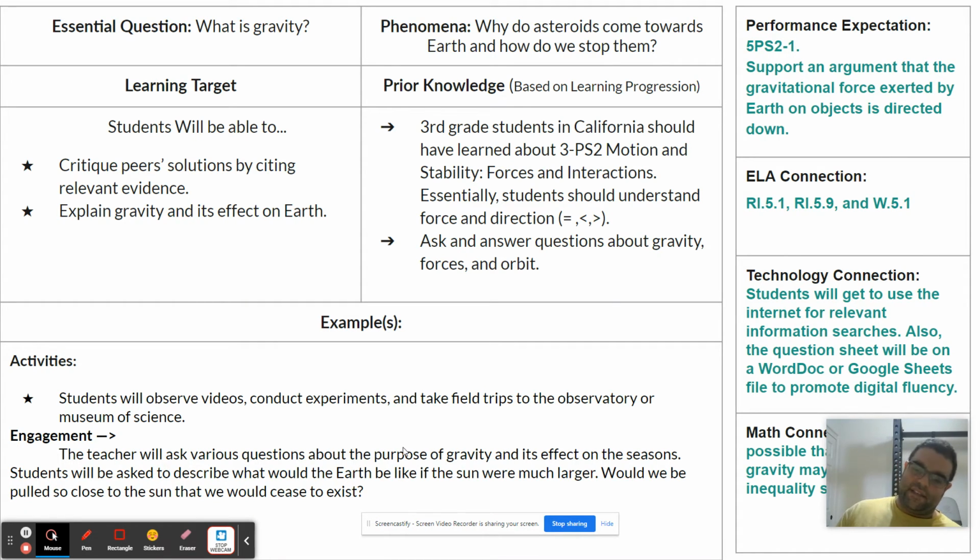But also that distance keeps us in the orbit that we're on, and that orbit predicts our seasons. So our gravity keeps us in a certain orbit, and that orbit keeps our seasons the way they are, and our weather more or less what it is.